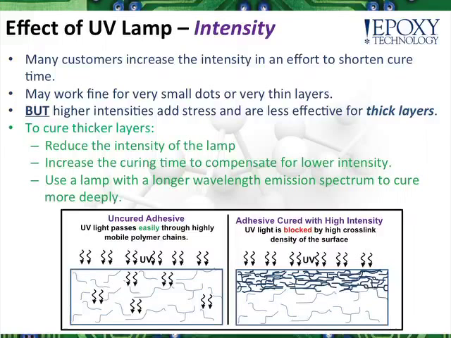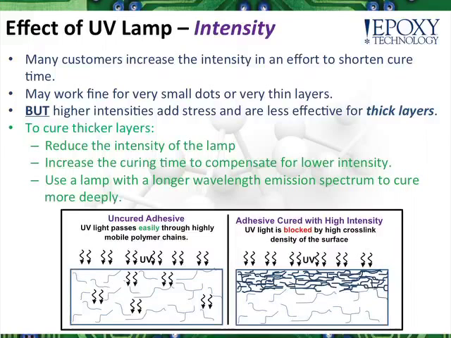What tends to happen is what we call skin over. You can see this on the bottom right-hand side, where the UV light comes in and cross-links the top layer of your bond and actually prevents the UV from getting deeper into your bond line. That's going to create a hard top with a liquid center.